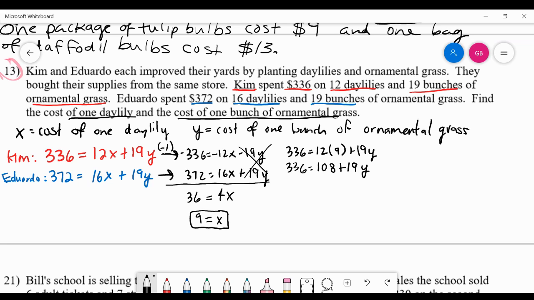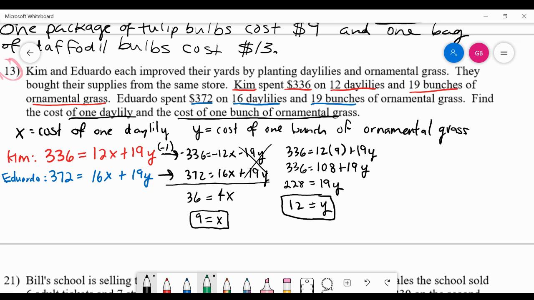Now I'm going to subtract 336 minus 108. That leaves me with 228 is equal to 19y. Divide both sides by 19. So y is equal to 12.